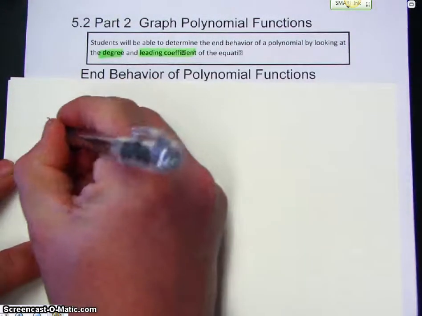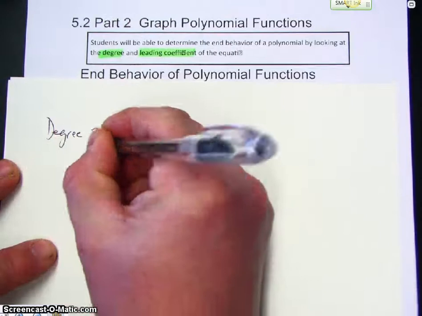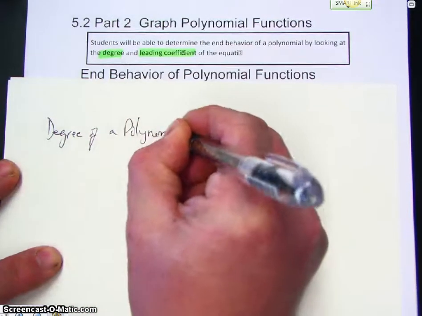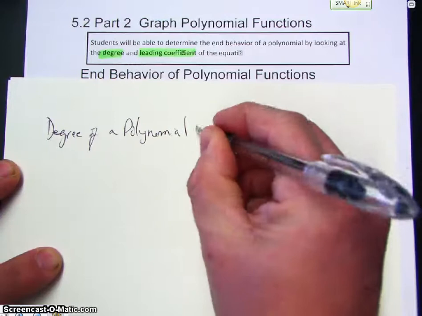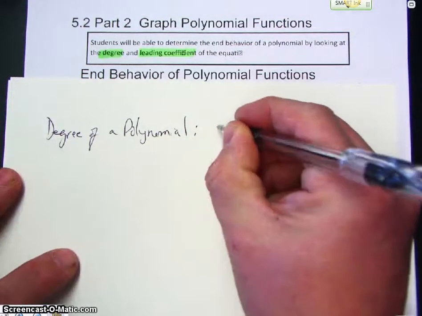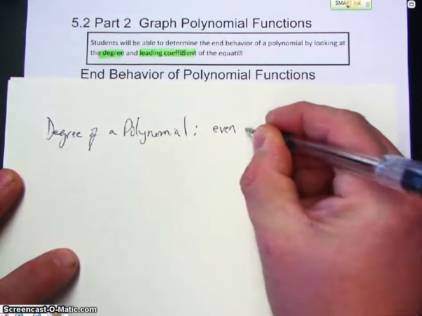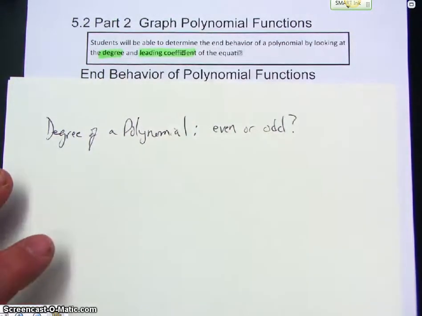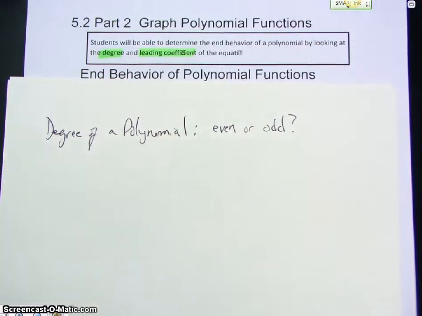What is the degree of a polynomial and what is the leading coefficient? The degree of a polynomial, the question you have to ask is, is it even or odd? What do we talk about for the degree of the polynomial?